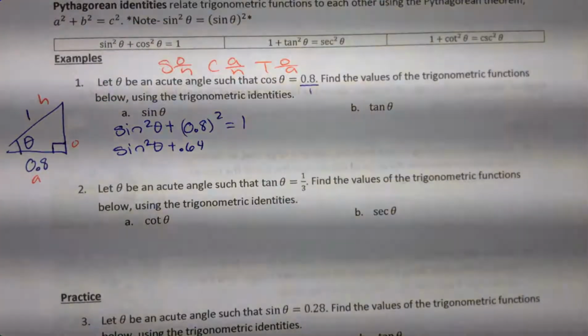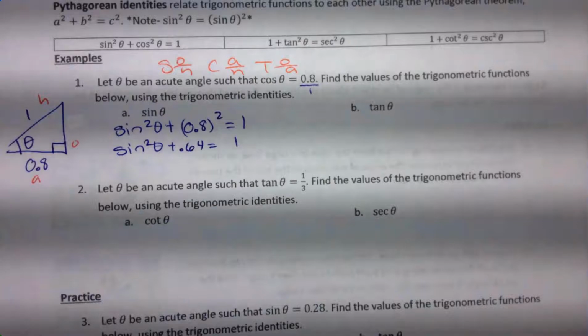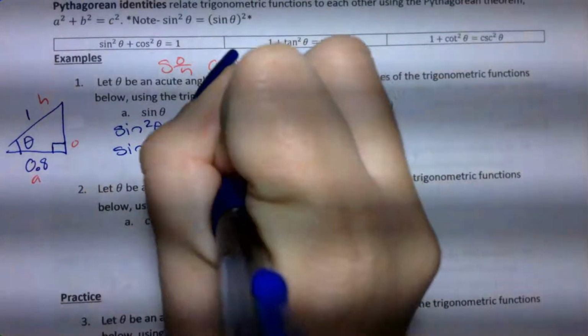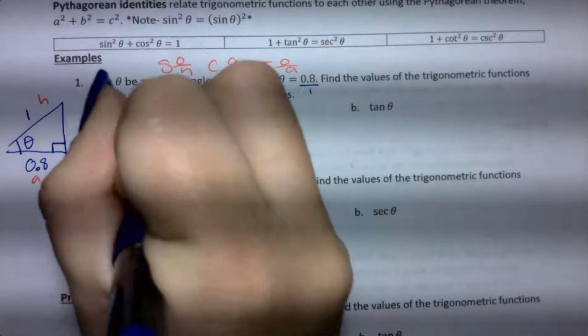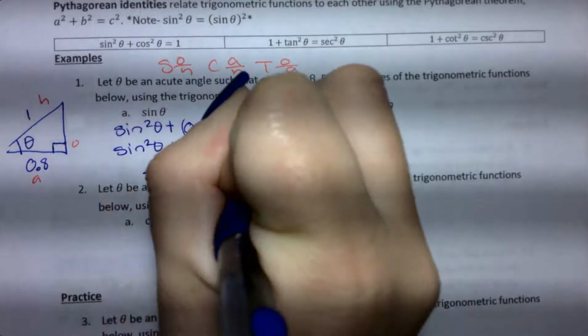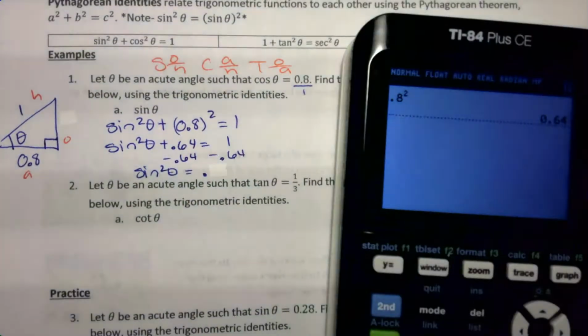And then this still equals 1. So I can set it equal to 1. Then what I want to do is I want to go ahead and subtract that 0.64 from both sides. And I get sine squared equals, nope, not 0.64, I forgot to do the math. 1 minus 0.64 gets me 0.36.